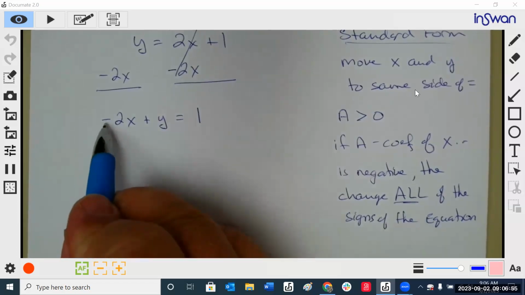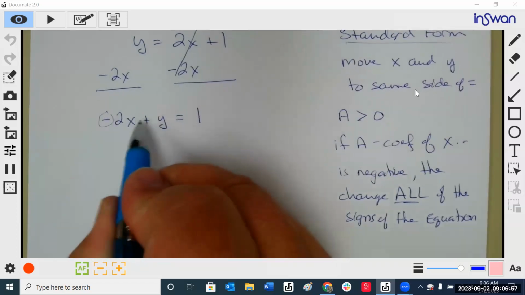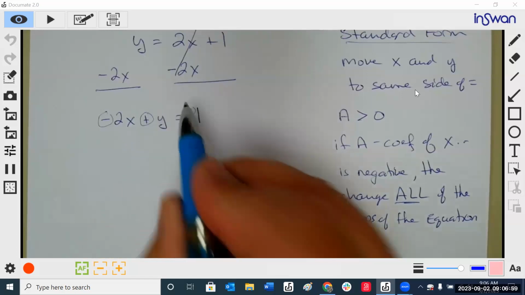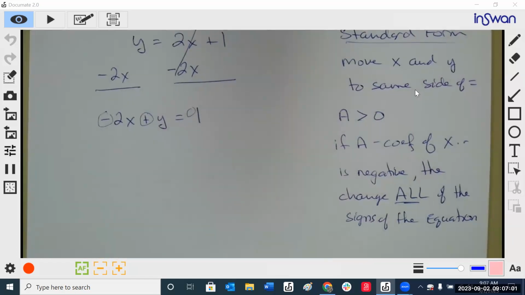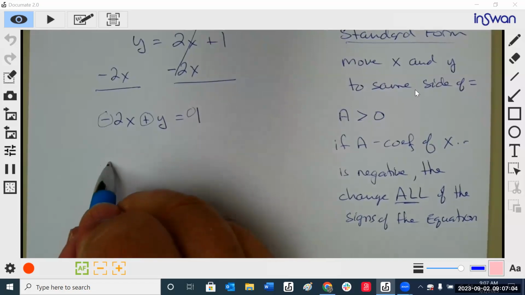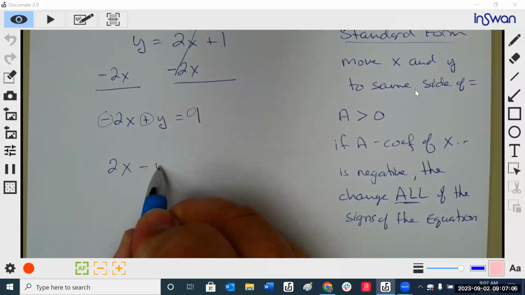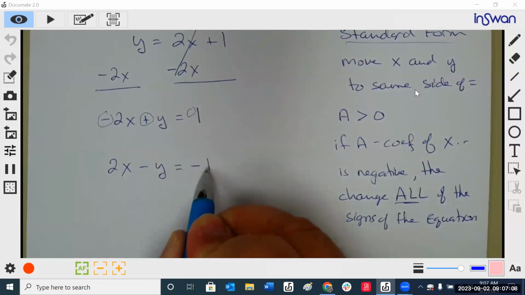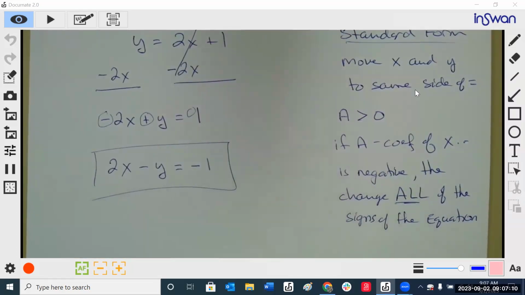So what that means, I change that sign, I change that sign, and I change that sign. Everything across the board changes. And there's your answer in standard form.